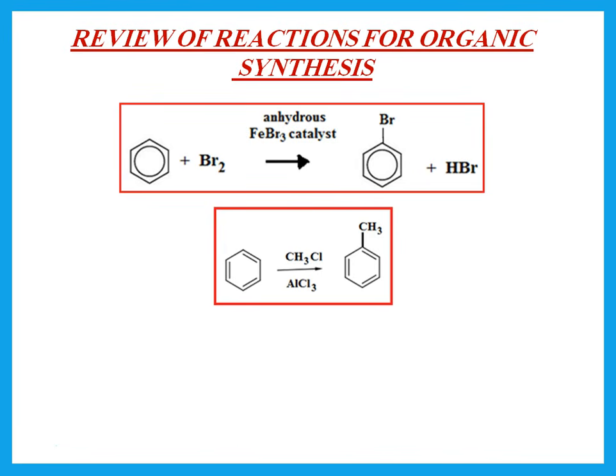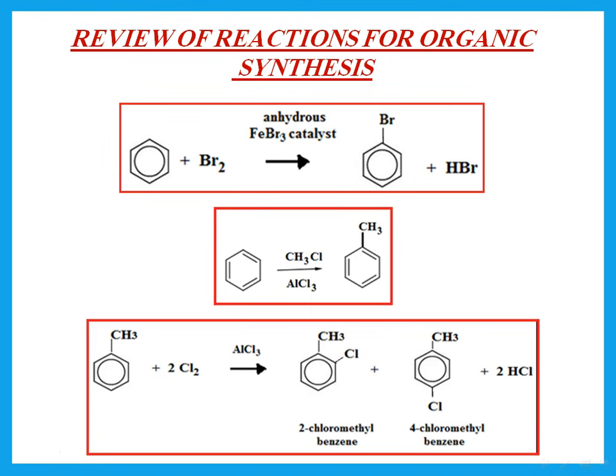Another reaction is if I want to put a methyl group on the benzene ring. How do I react it? Remember that to add a methyl group, this was what we call Friedel-Crafts alkylation. So we react it with methyl chloride in presence of aluminium chloride.